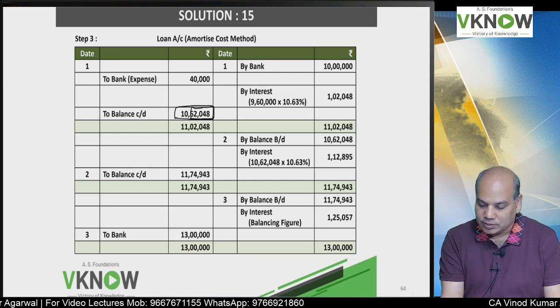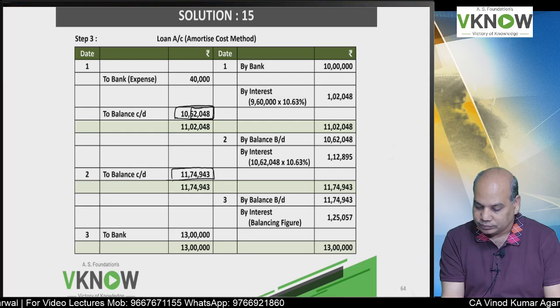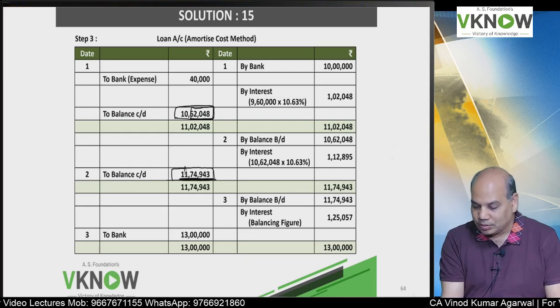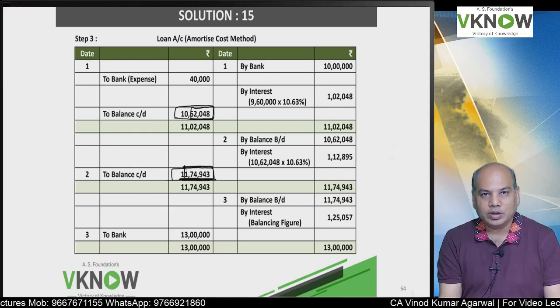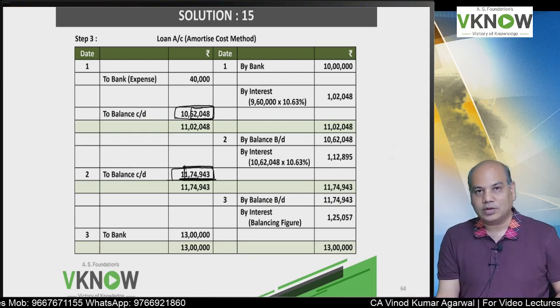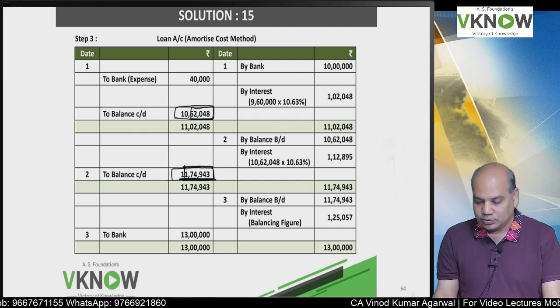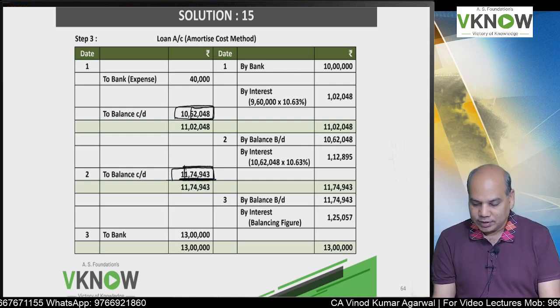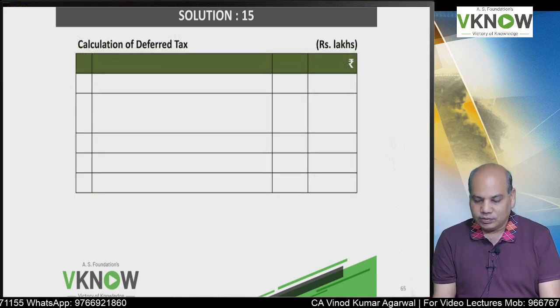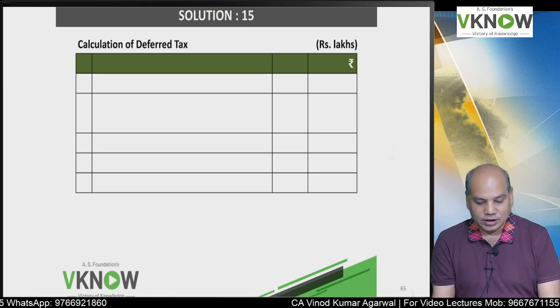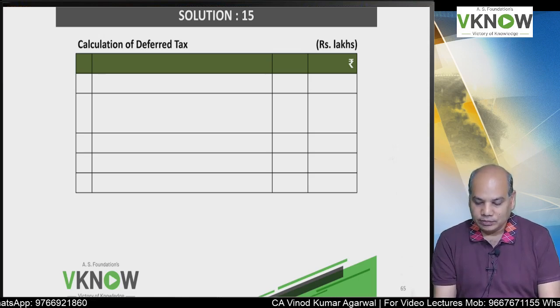Similarly in the second year, 10 lakh will not be allowed, but 1,74,943 will be allowed in the future period. Is it right? So that way we have to compute the deferred tax. It is a question of a liability.